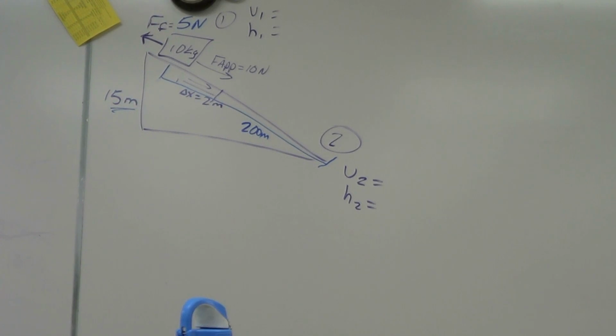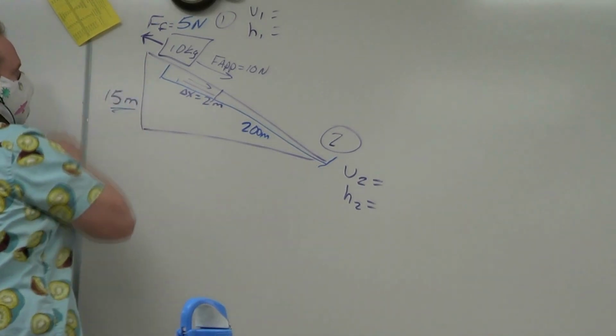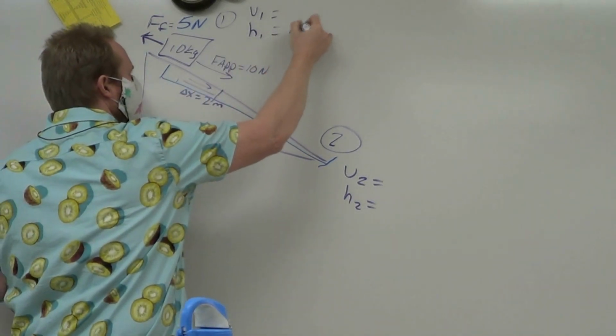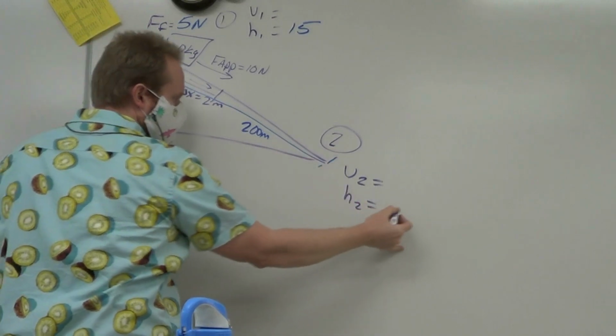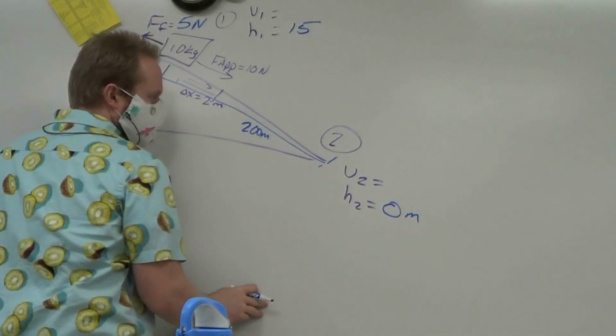We should also be thinking about spring stuff conveniently. We haven't mentioned springs yet, though. So, a couple quick things. If from here to here is 15, that's my H1, and if from here to here is 15, then from here to here is 0.